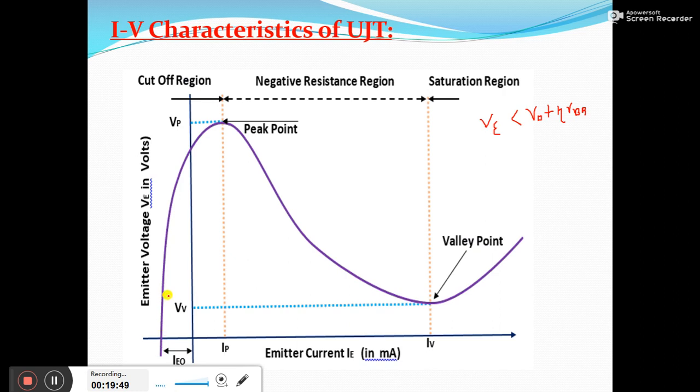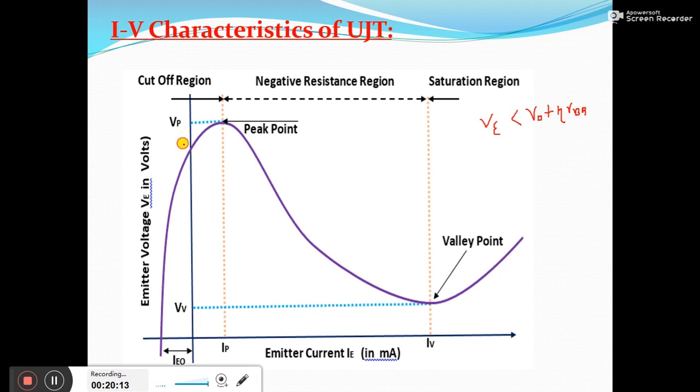You can see here the voltage is continuously being increased, and at the same time the current, along the x-axis, is getting decreased. The reverse current, which is due to minority charge carriers, is getting decreased.